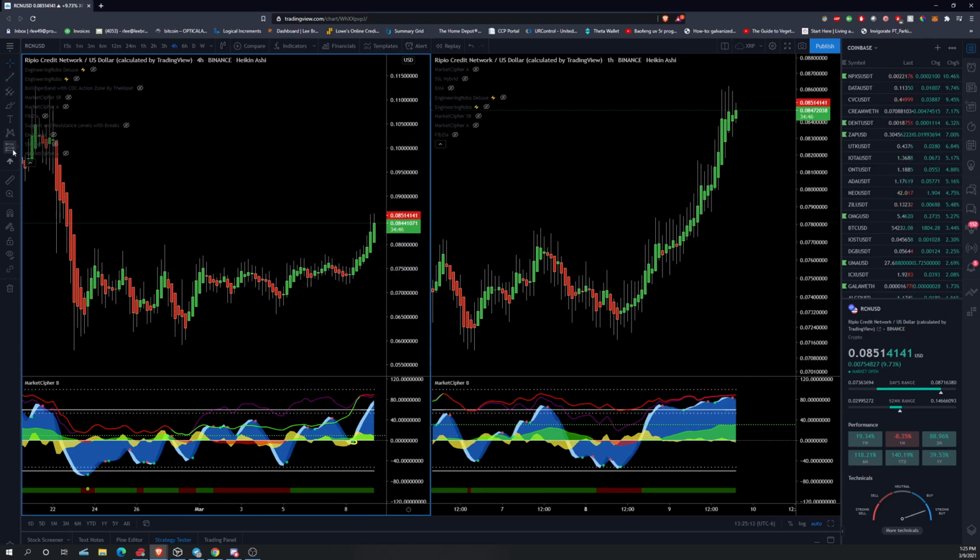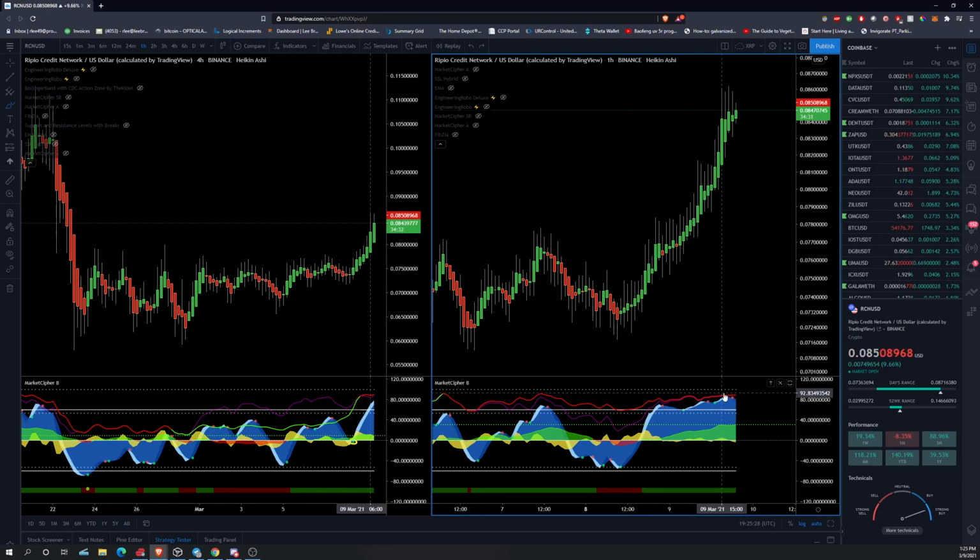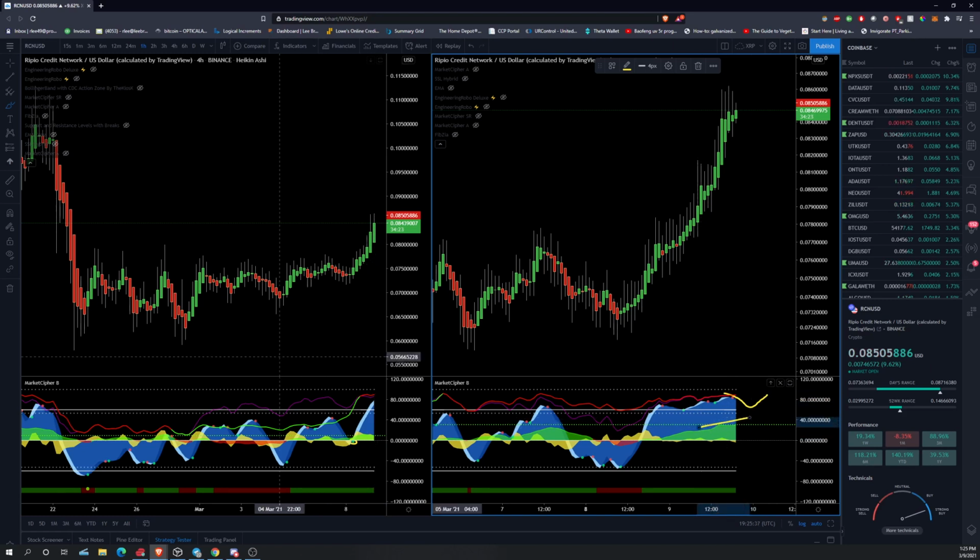We're seeing on the hourly, yeah, it kind of flushed out there and now it's coming back. I imagine what's going to happen on the hourly is we're going to see something like, I imagine this line here will come down to here and then it'll bounce back and your green's going to keep going up.